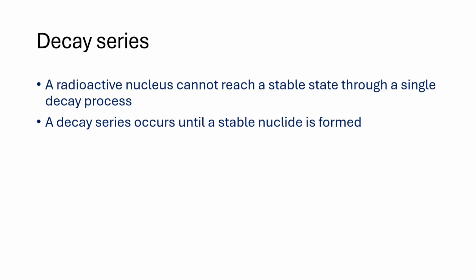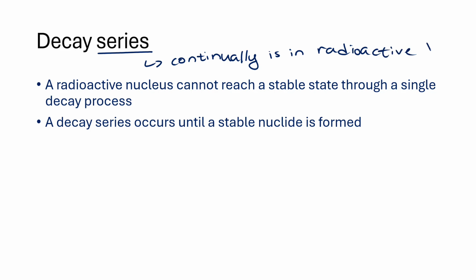Okay, so we have something called a decay series, which is when a radioactive nucleus cannot reach a stable state through a single decay process, right? That's why it's called a series. It continually undergoes radioactive decay. So what happens is that you have a parent isotope that's radioactive and turns into a daughter isotope.